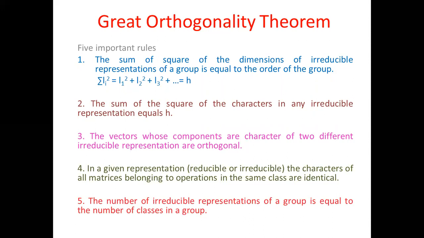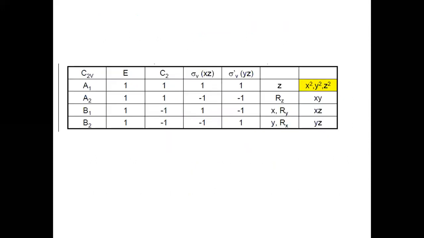Next, the second postulate of the Great Orthogonality Theorem is that the sum of the squares of the characters of any irreducible representation is also equal to the order of the group, that is h. How is that? For example, this is one representation, and these are the characters of the group.